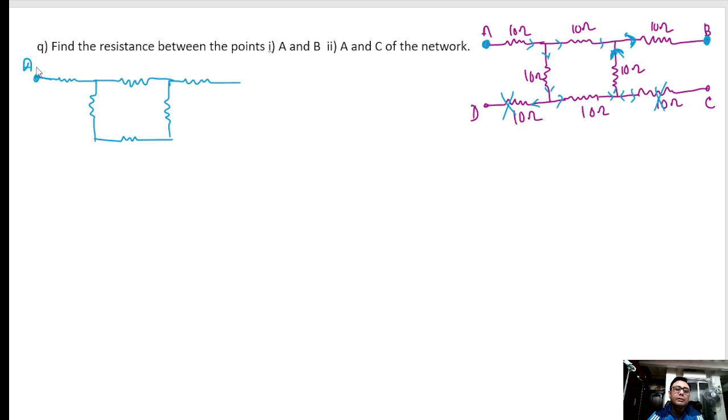This is the A, this is the B, so all are 10 ohms. So basically, see, this is 30 ohms, so 30 and 10 are in parallel.